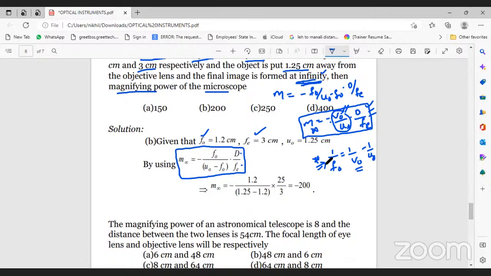By substituting in the lens formula, you can get the value of V naught. Then you can substitute that V naught here to get the value of the magnifying power. This is one method. Or by substituting this V naught by U naught, you will get this.